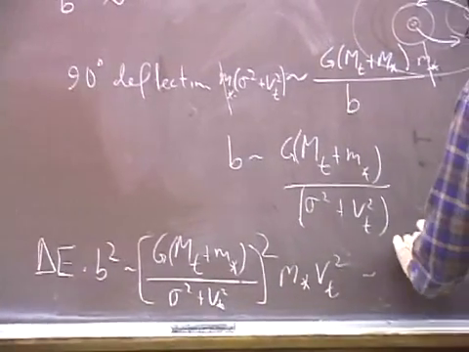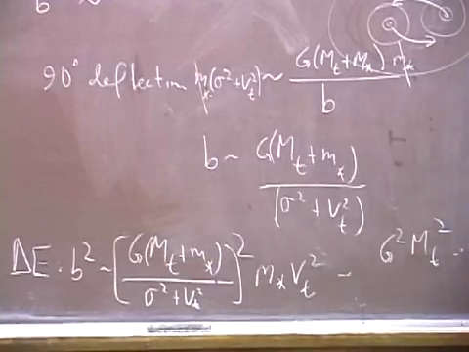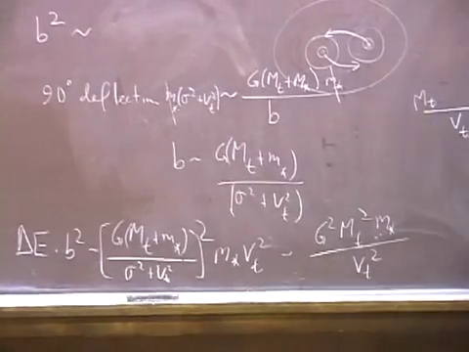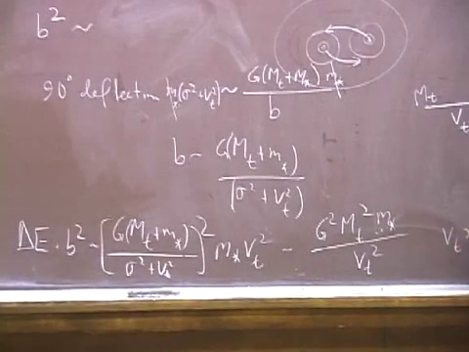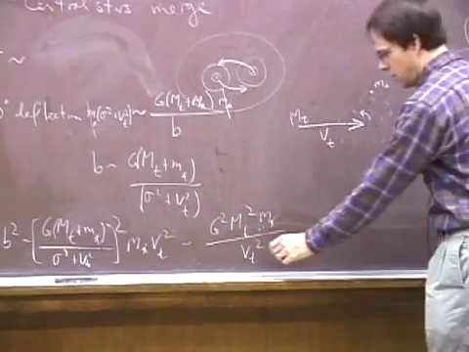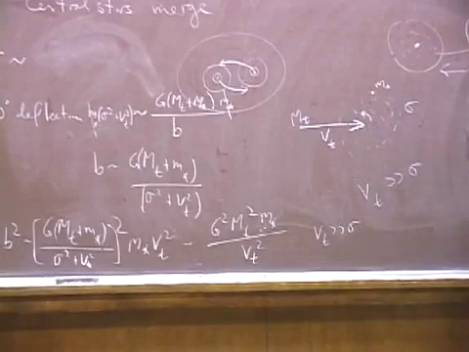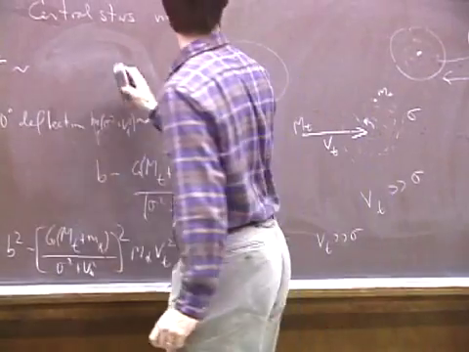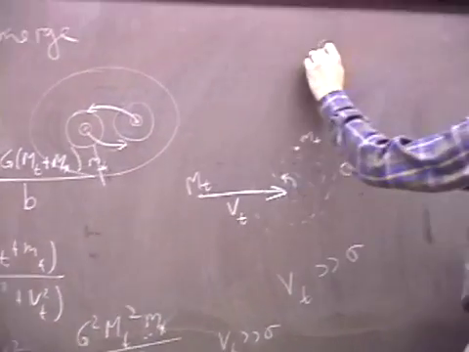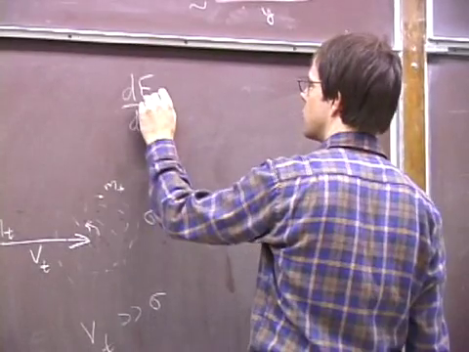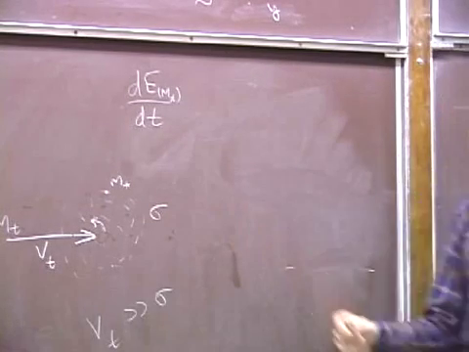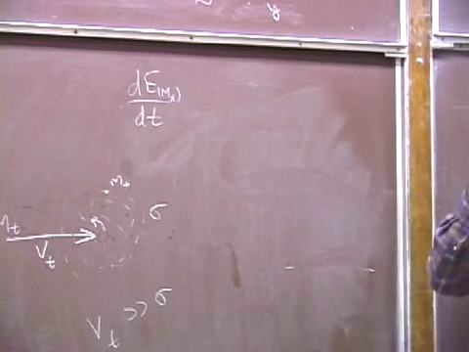Okay, so this is like G squared MT squared m star over Vt squared, and I'm assuming here Vt is much bigger than sigma. Okay, so the rate at which MT loses energy moving through, okay.